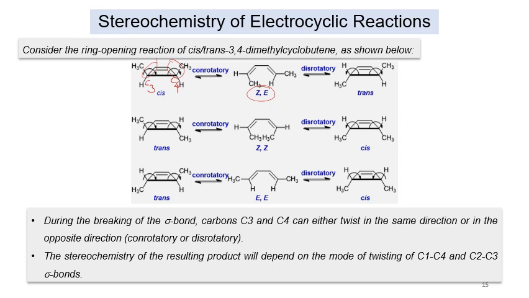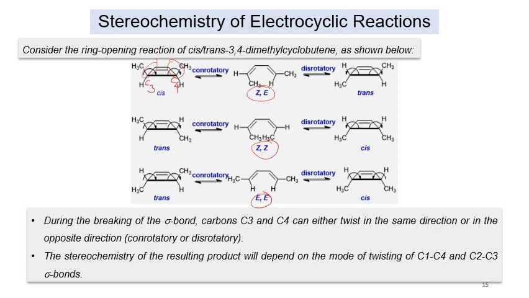On the other hand, if the sigma bonds are twisted in the opposite direction, then the stereochemistry of the resulting product will be either EE or ZZ, depending on whether the substituents are twisted inward or outward.